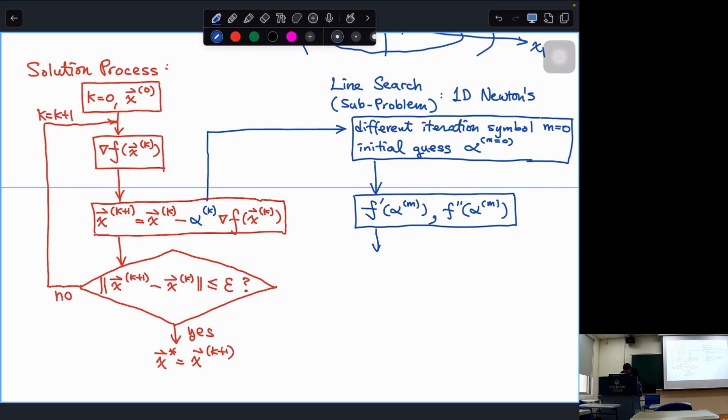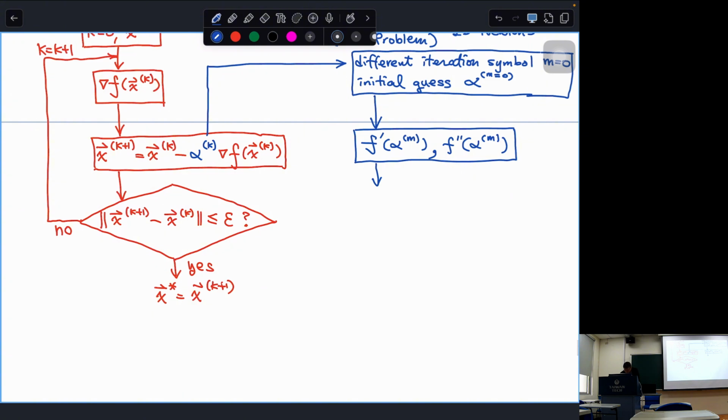And then you need to do Newton's method here. Alpha m plus 1 equals alpha m minus F prime alpha m over F double prime alpha m.